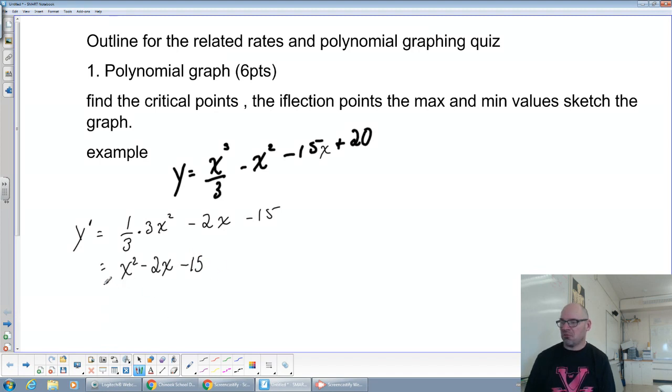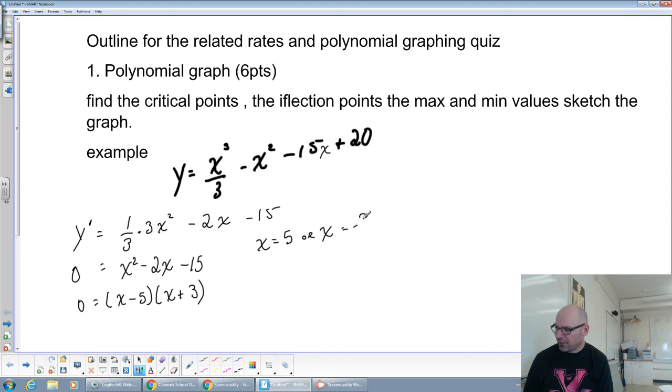Okay, and then we set that to 0 to get our 2 critical points. So in this case, we can factor this one. That's why I picked this one. x minus 5, x plus 3. Okay, so that means x can equal 5 or x can equal negative 3. That's where our 2 critical points come from.